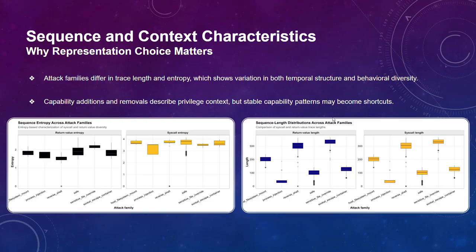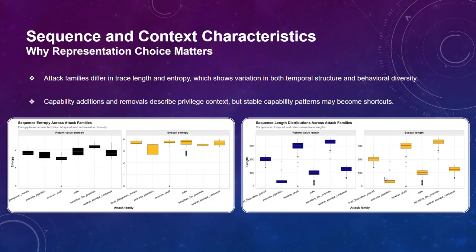Sequence length is also shown on this page. For example, reverse shell tends to have high sequence lengths in the return value, and sensitive file override has the same behavior, whereas process injections show very limited sequence lengths across attack families.